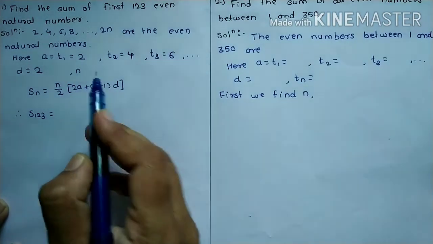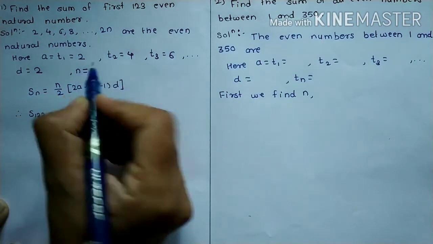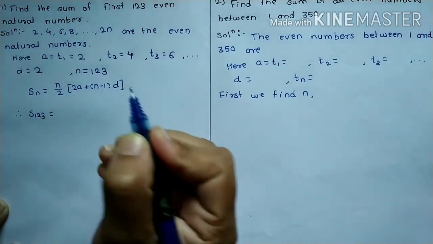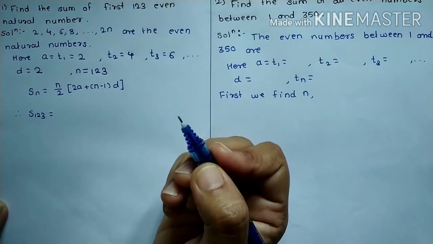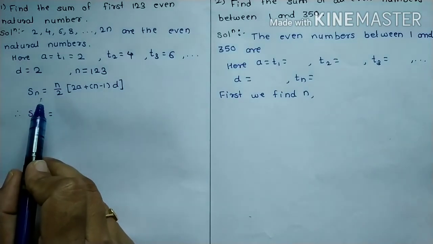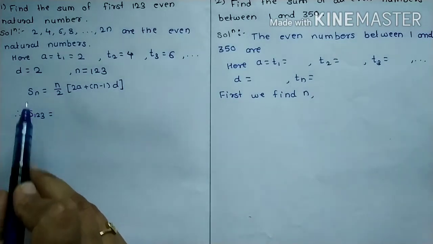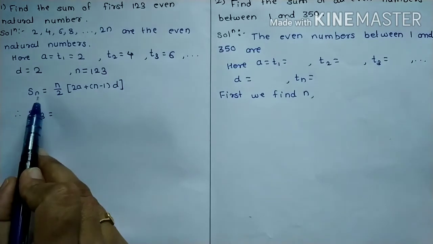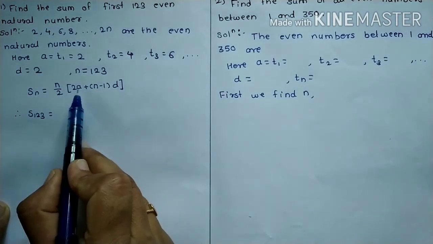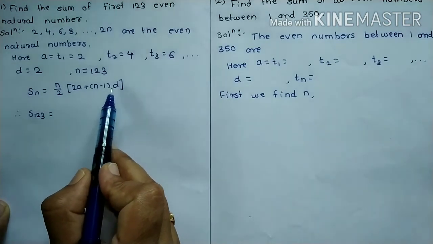Then n. n means number of terms. Number of terms are 123. Therefore n is 123. Now we know that formula for sum of the first n terms of AP, that is Sn equal to n upon 2 into (2a plus (n minus 1) into d).